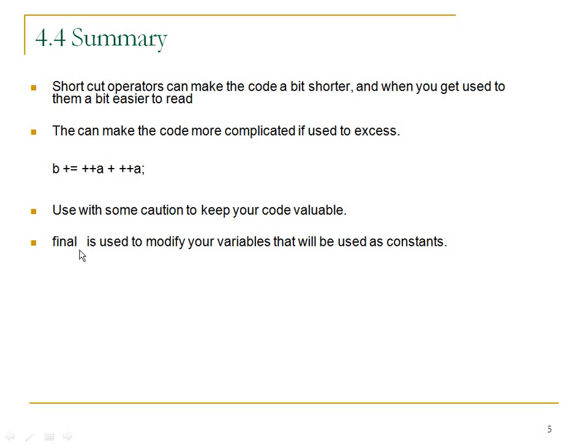And we looked at the final keyword. Final is a modifier, so it's like an adjective for your declaration. It describes what the declaration will do when you want your variable not to vary, or you want it to be a constant.